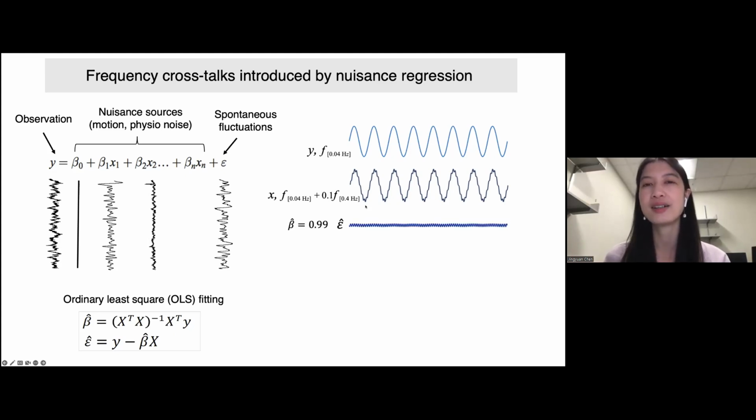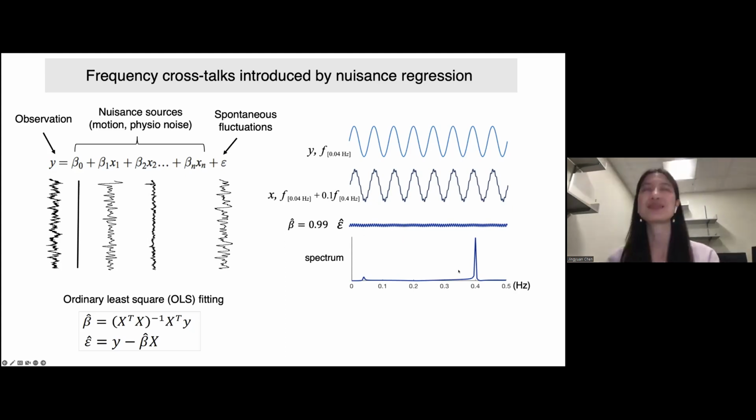And then if you do nuisance regression, here is the spectrum of the residual signals. As you can see, while it denoises well in the low frequency bands, it also introduced a high frequency component here at 0.4 hertz, which doesn't exist in the original data, but is in the nuisance factors.